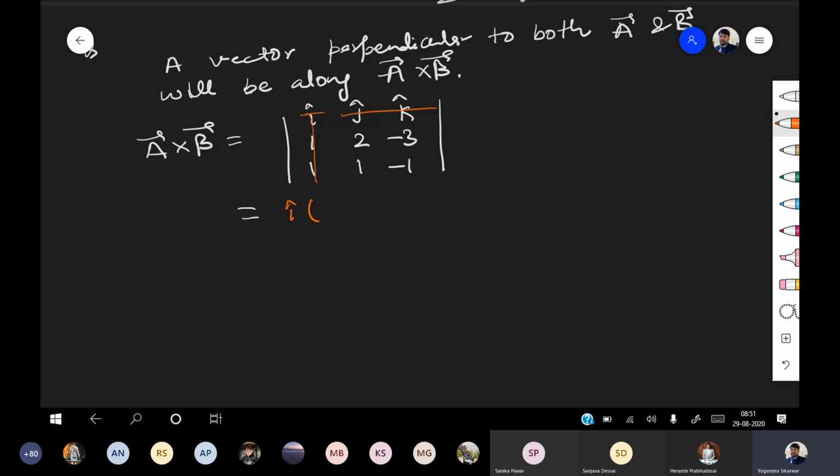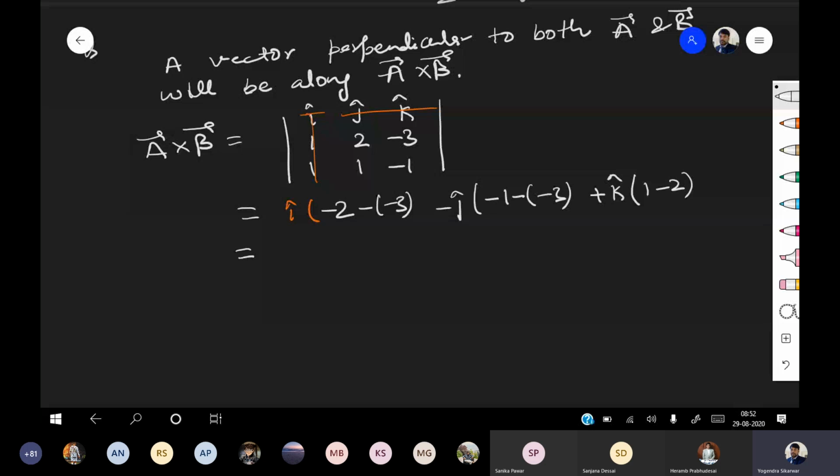so i cap, and then minus 2 plus 3, because this into this minus of minus 3, so that will be plus 3, minus j, and that will be minus 1, minus of minus 3, plus k, and that will be 1 minus 2.